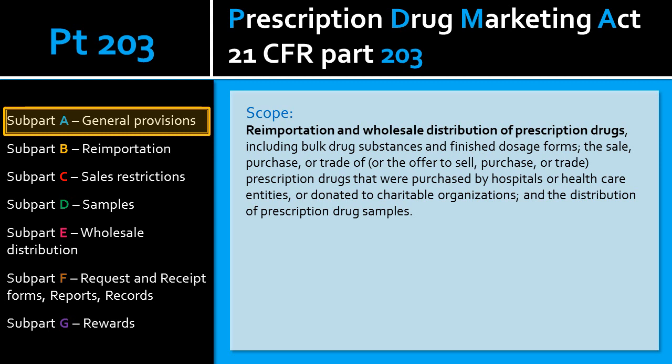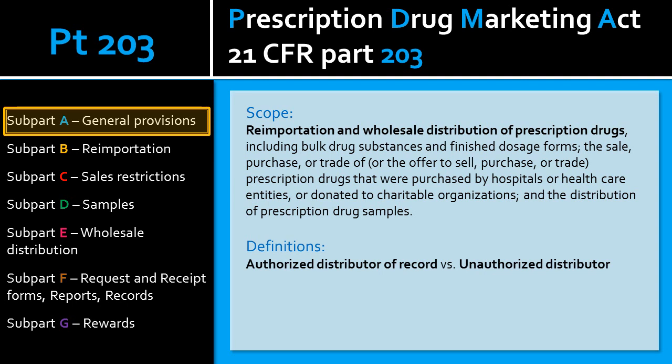In Subpart A, the Act defines and explains relevant terminology. Authorized distributor of record means a distributor with whom a manufacturer has established an ongoing relationship to distribute such manufacturer's products. On the other hand, an unauthorized distributor has no such relationship with the manufacturer.